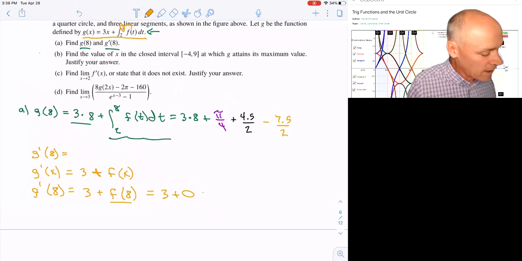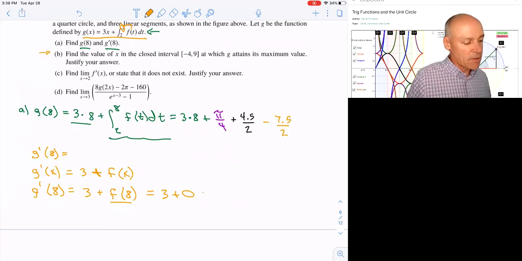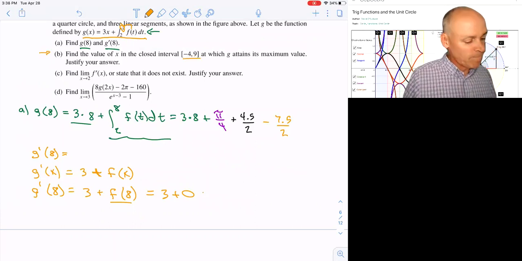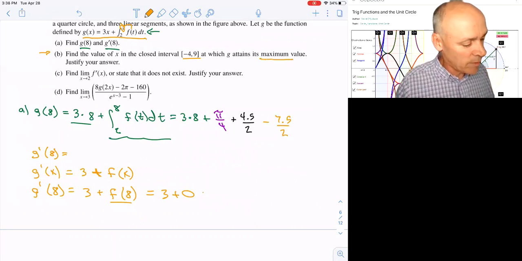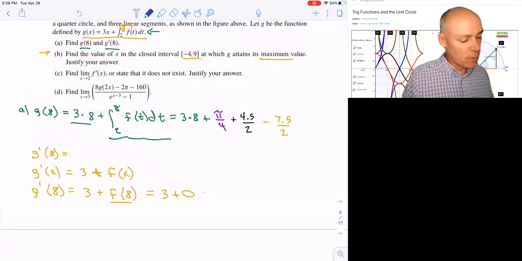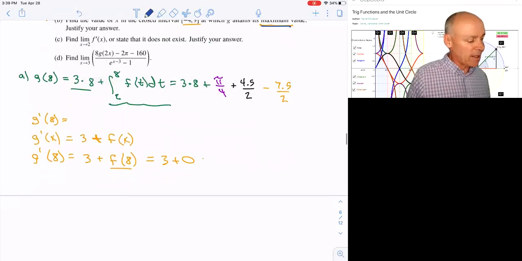Okay, part B, find the value of x in the closed interval from -4 to 9 at which G attains its maximum value. Maximum value. As soon as I see the word max, I'm thinking Table City.